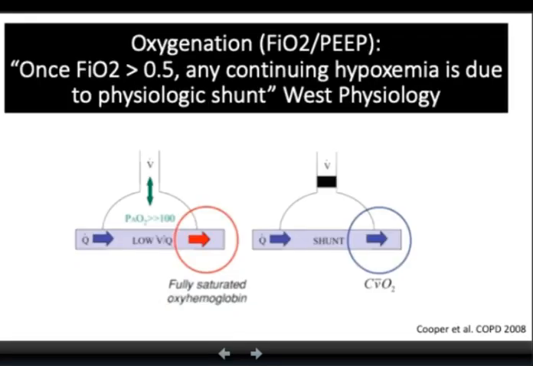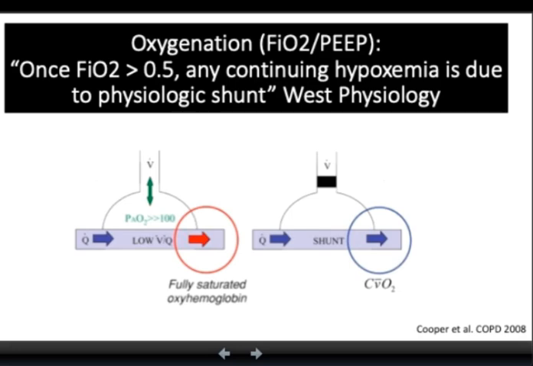The main reason why patients with ARDS and other severe parenchymal lung disease are hypoxemic is physiologic shunting. Normally, the minute ventilation, or amount of air that goes through the alveoli per minute, should almost equal the amount of blood that goes through the lungs per minute. In this case, the patient has a normal VQ ratio closer to 1.